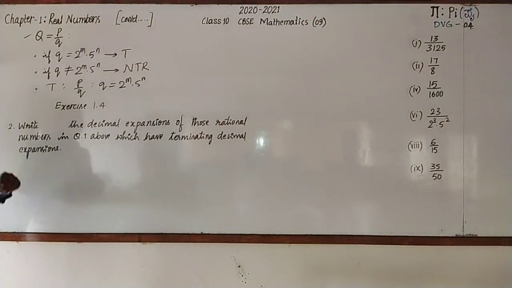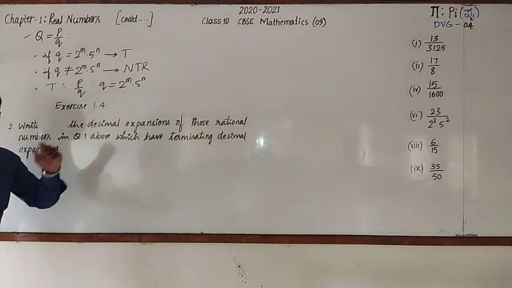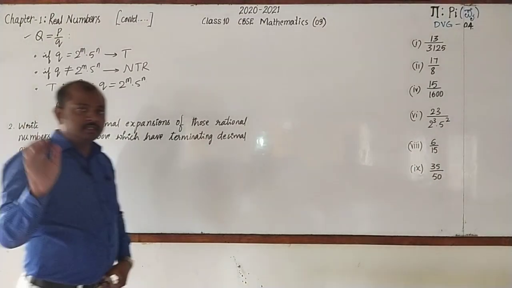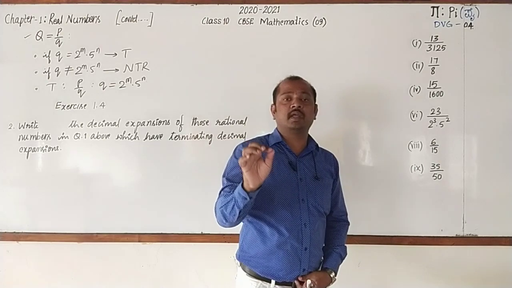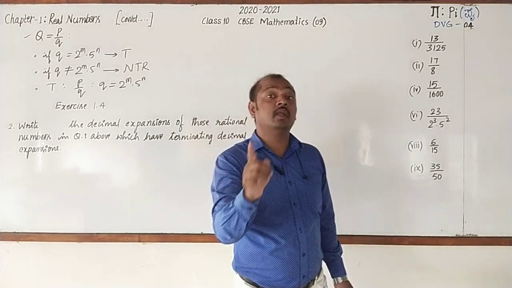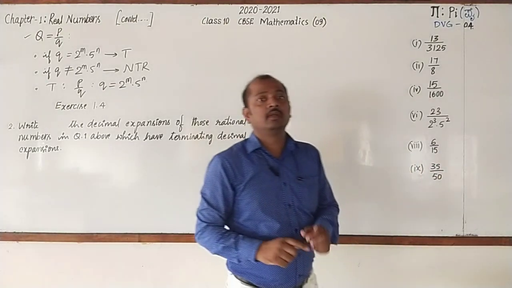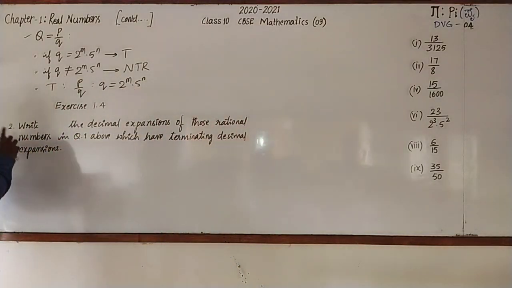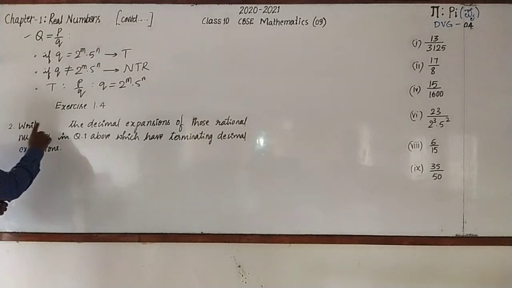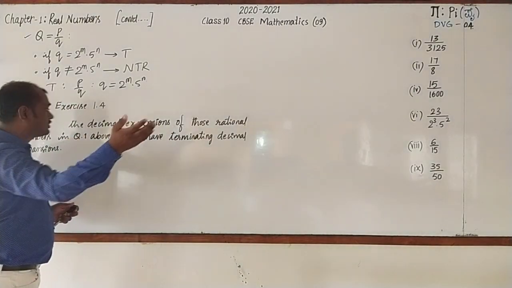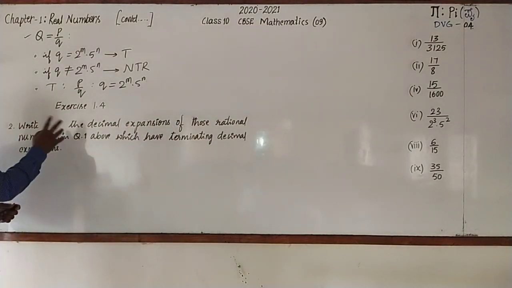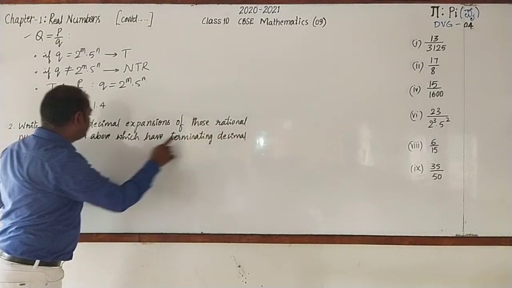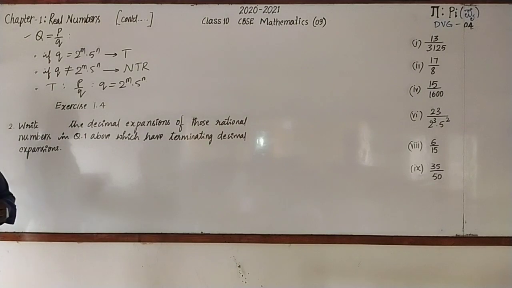And we started exercise 1.4. The first question was completed, that is, deciding whether the given rational number has a terminating or non-terminating decimal expansion without actual calculation. That was over. Now, the second question is like this: write the decimal expansion of those rational numbers in question number 1 which have terminating decimal expansions.